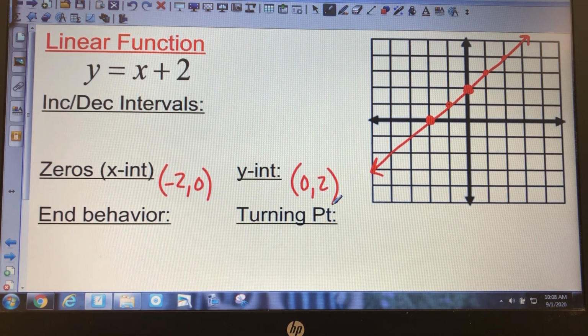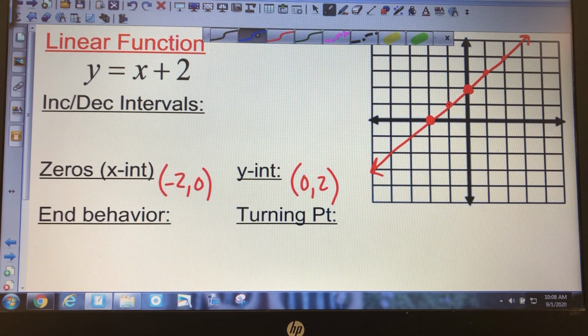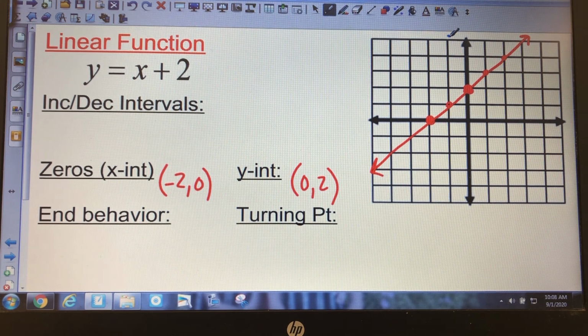Now, the increasing, decreasing intervals. So as you're drawing this graph, from left to right, think of it as going uphill or downhill. So as you draw the graph, see how we're going uphill from left to right. So that means we are increasing from left to right.